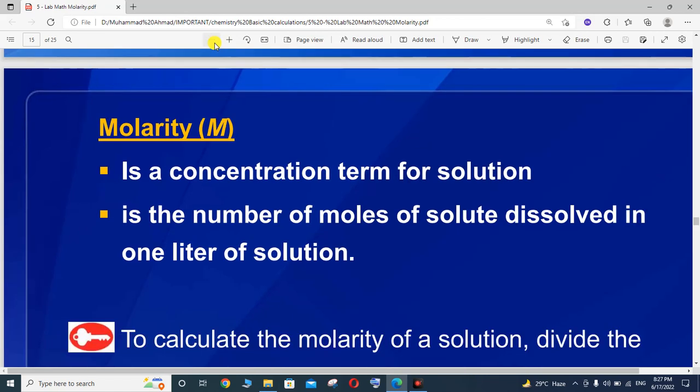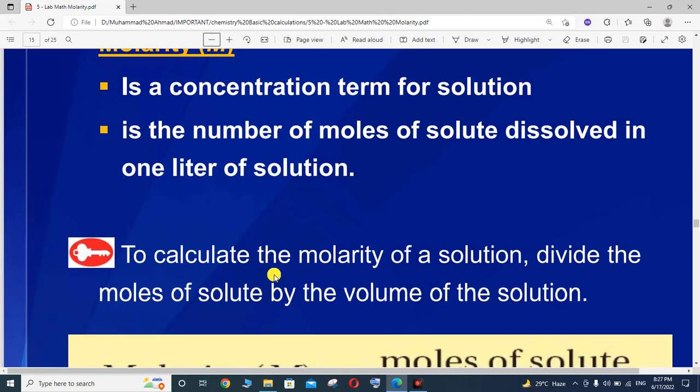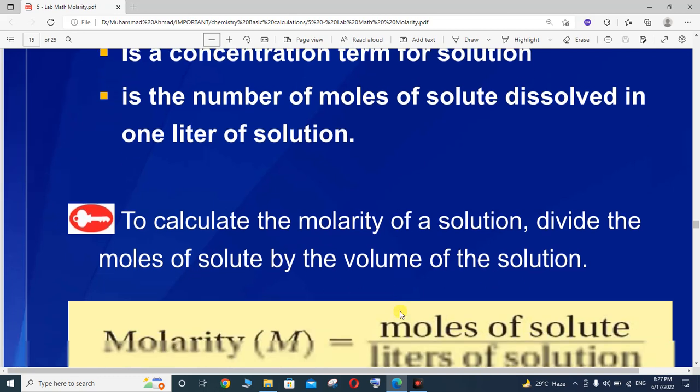So it means how much amount of solute you are going to dissolve in 1 liter of solution. If you want to calculate the molarity of a solution, simply, we divide the moles of solute by the volume of the solution.